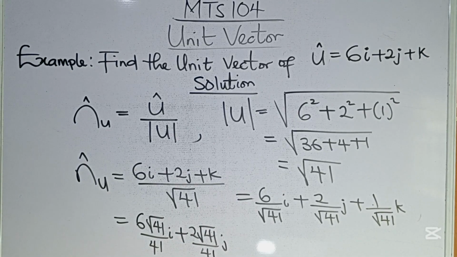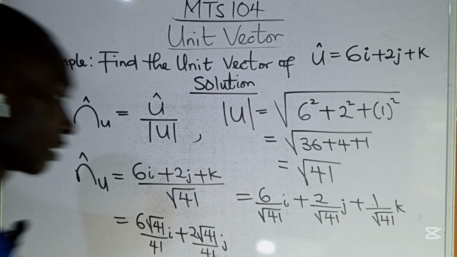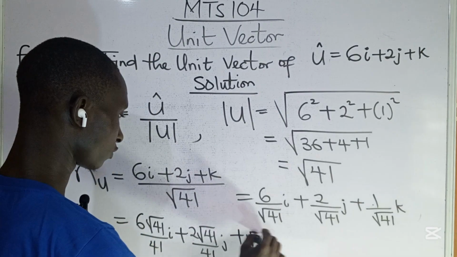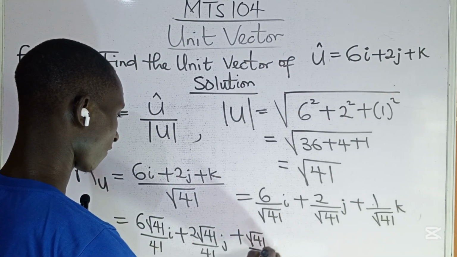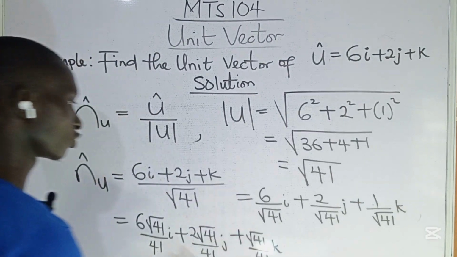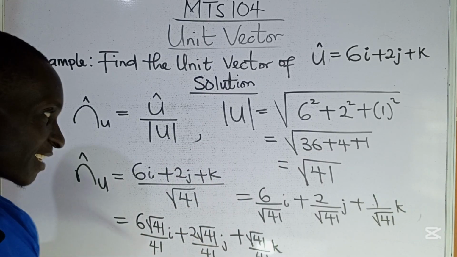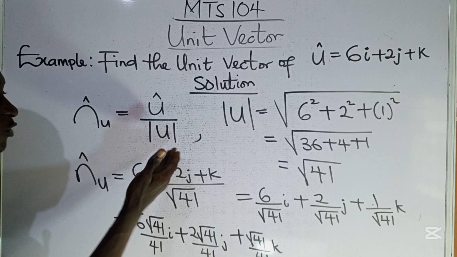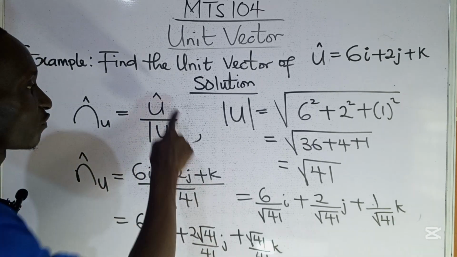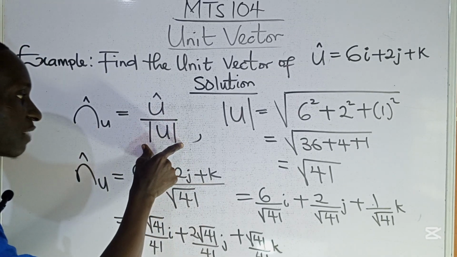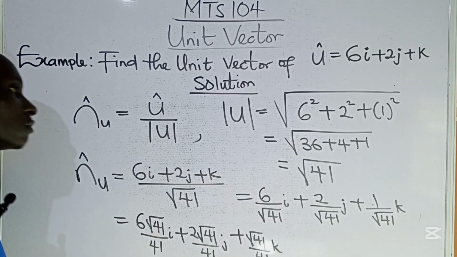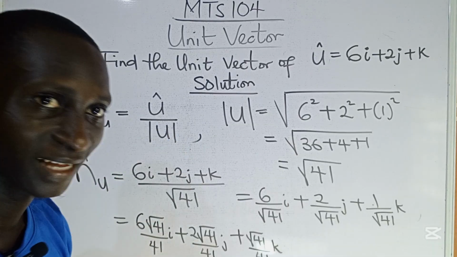Hope you get what I'm doing. So this is the unit vector of u. It's as simple as ABC. So what you have to do is to find the modulus and divide the vector by it, and that's all.